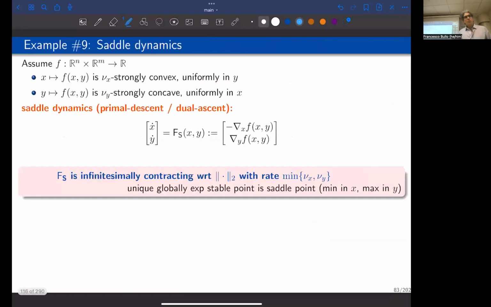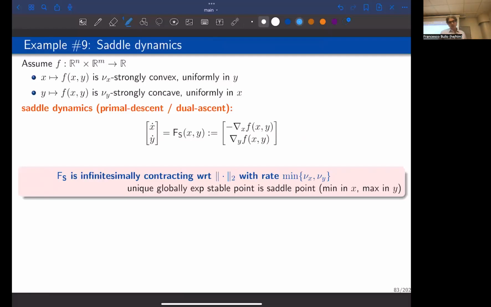All right, so let's start with the simplest problem that I can think of, which is called saddle dynamics or saddle gradient, in fact. This is called also a potential game because there does exist a single cost function, lowercase f, which depends upon two variables, x and y.